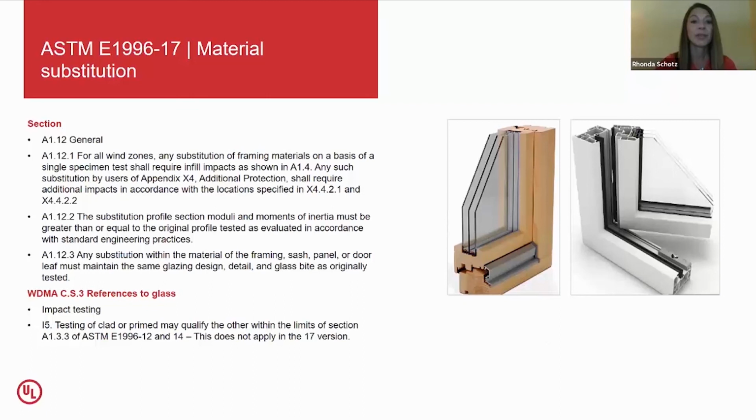The image on the right shows a triple glazed unit and shows the glazing design detail. So if you wanted to make your frame and sash deeper, from 1 3/4 to 2 1/4, you must maintain the same glazing design, detail, and glass bite as originally tested.